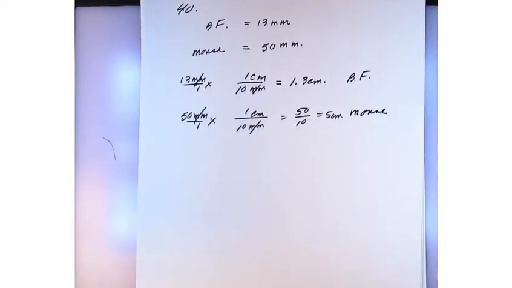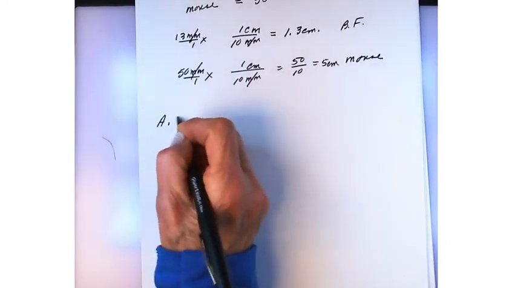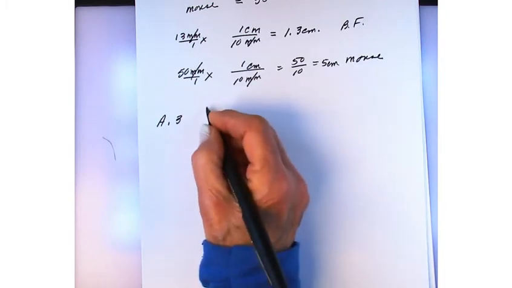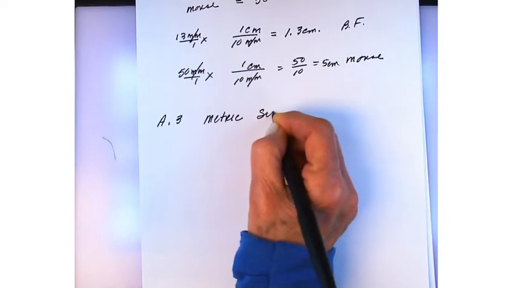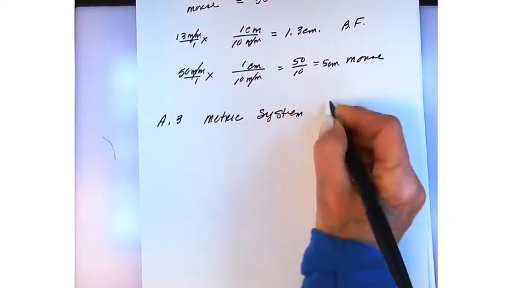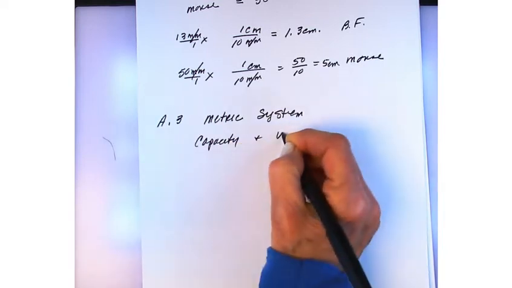Let me save this. Well, let me see what's going on. We'll go into the next section, 8.3. We're looking at the metric system, and we're looking at capacity and weight.